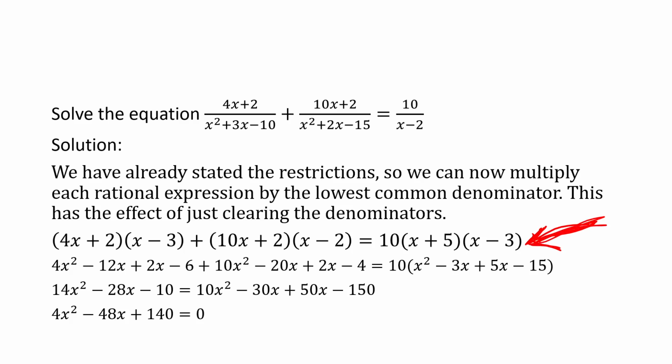It's okay with me if you do it that way. Just know you have to know what your restrictions are, and the reason there are restrictions is because they came from denominators.